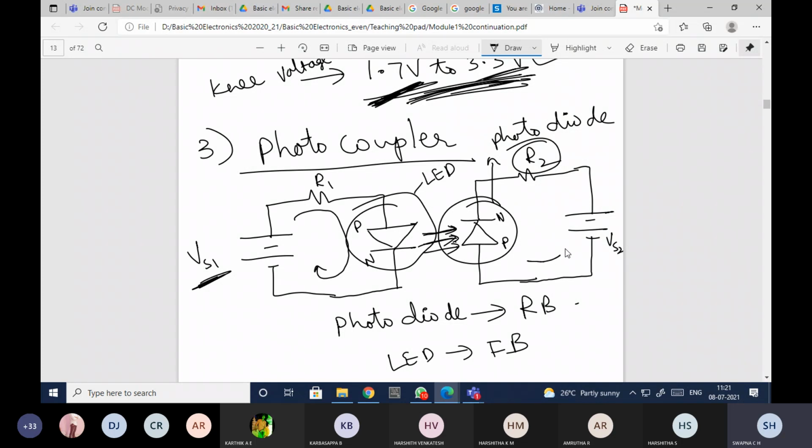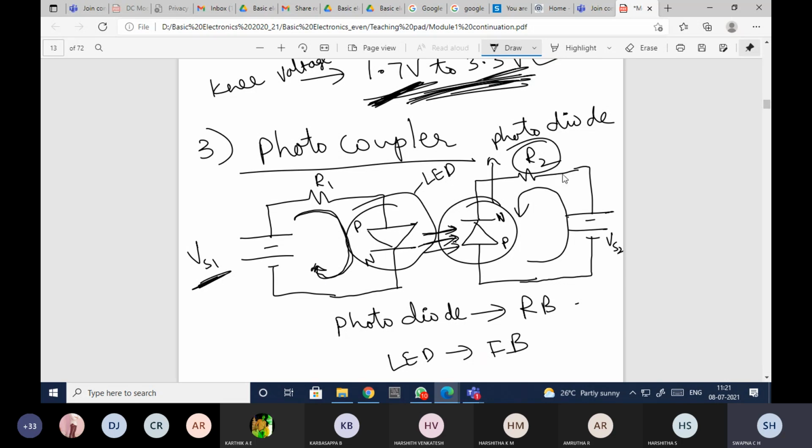Electrons will flow from P to N, so the current flow will be in the opposite direction because it is reverse biased. And since it is forward biased, the electrons will flow from N to P, so the current will be in the opposite direction. So the current direction is in this way here, and the current direction is in this way here.